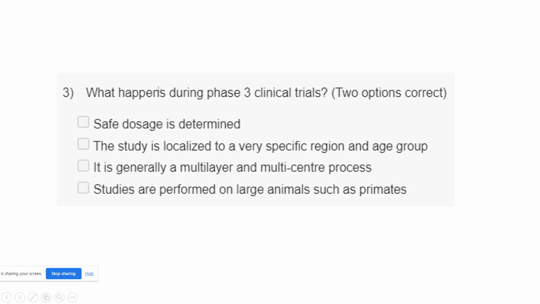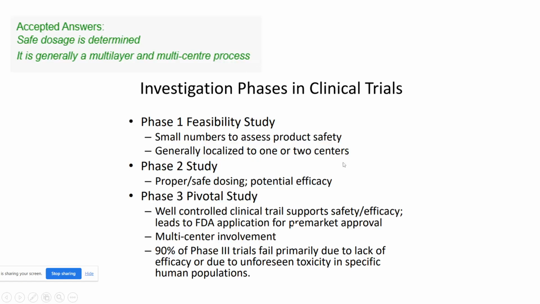The other correct option would be safe dosage is determined. So studies are performed on large animals such as primates. These happened even before the clinical trials, you can say. In the clinical trials, this is basically what happens in phase 1. A small number of people are used to assess the product safety, and it is generally localized to one or two centers.